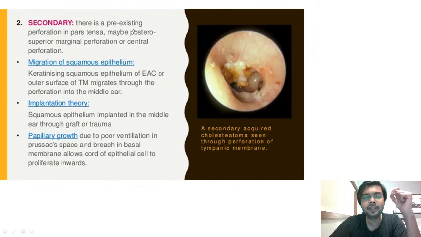That means there should be pre-existing perforation in pars tensa, mostly posterior marginal perforation. Okay, so there should be already presence of a posterior perforation through which either migration of squamous epithelium occurs, or implantation of squamous epithelium occurs, or papillary ingrowth occurs due to improper ventilation.